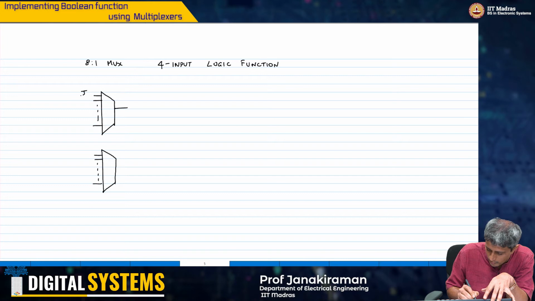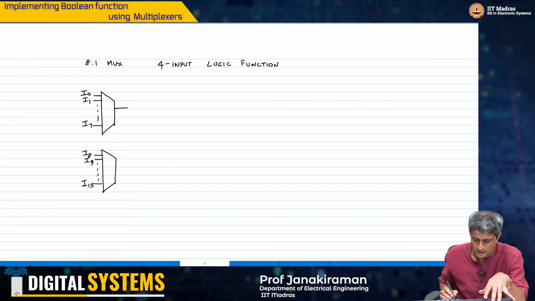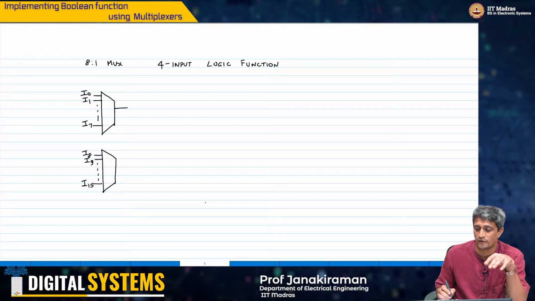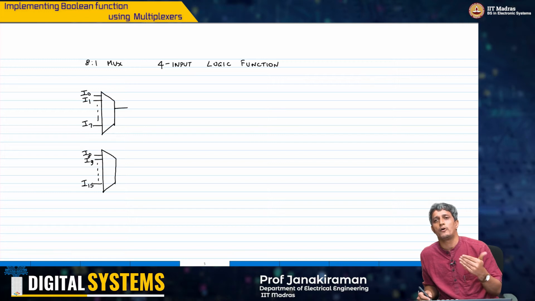So this would be my input I0, I1, I7, I8, I9, I15, right? This would have been my 16:1 multiplexer, because if I want a 4 input logic state, I am now looking at 2 power 4 combinations. So I need a 16:1 multiplexer.